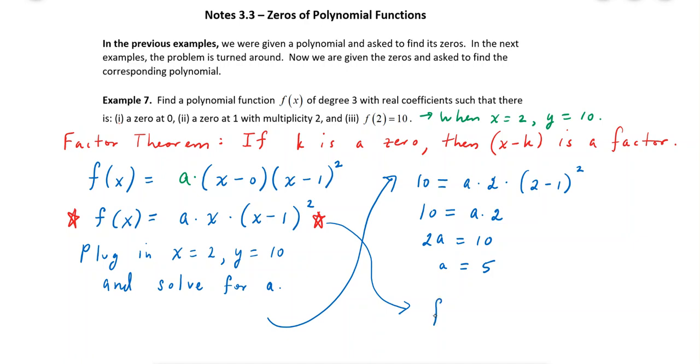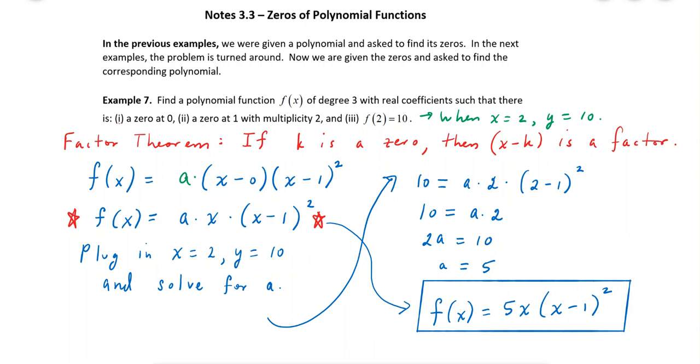So we'll write f of x is equal to 5x times x minus 1 squared. And then you should be able to look at that and check that it actually satisfies the conditions listed in the problem.